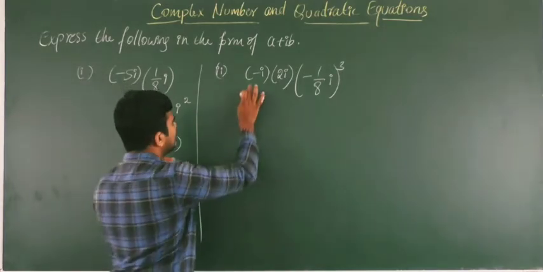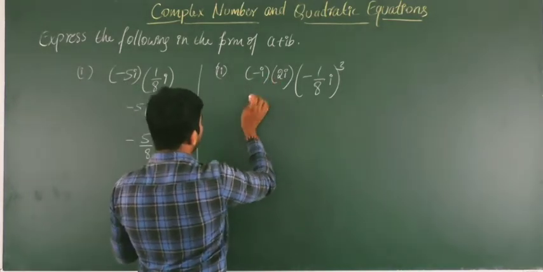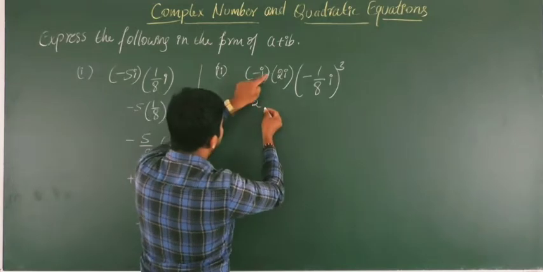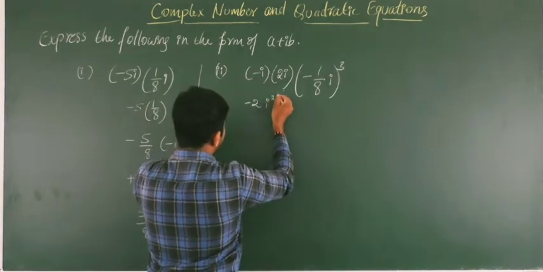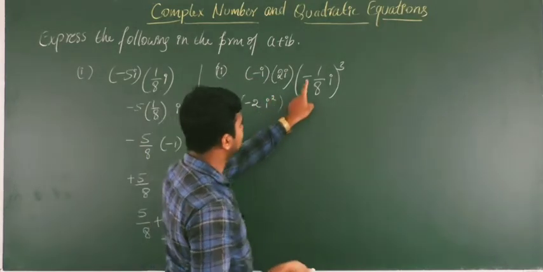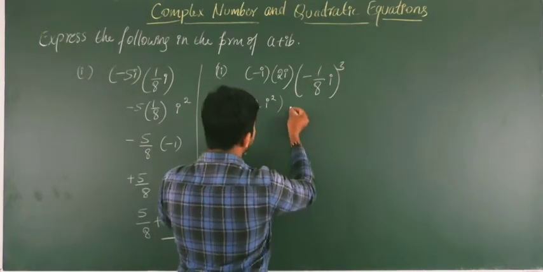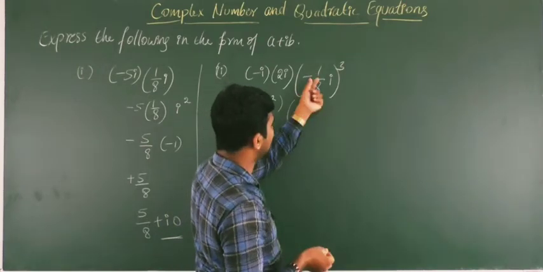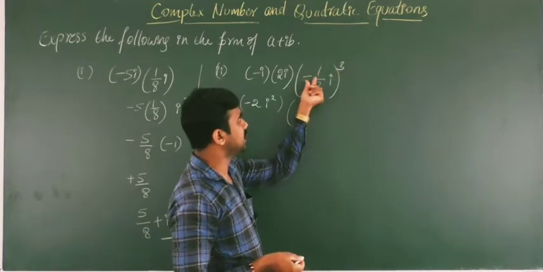Like this: minus into 2, that is minus 2, i into i square. Similarly, minus 1 by 8 whole cube you have, so we can apply the cube to each term.